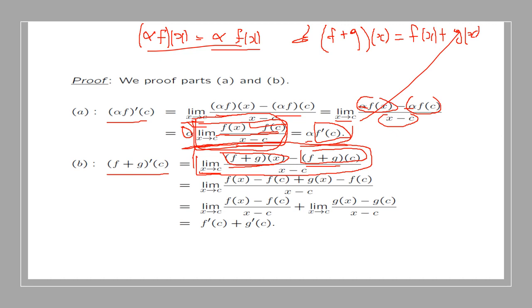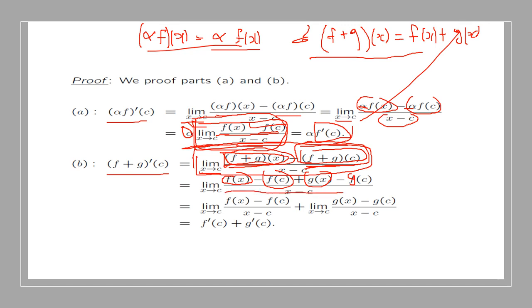By this definition, this one is f of x plus g of x, and then this one will be minus f of c minus g of c. That's how we get this one here.